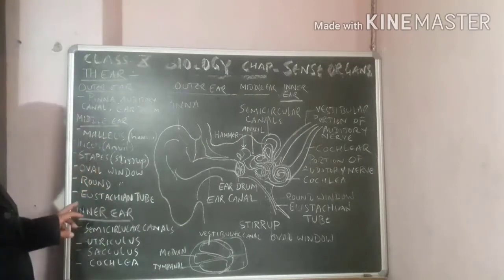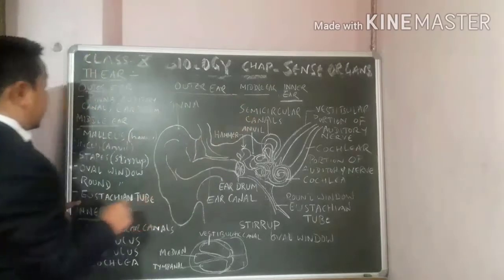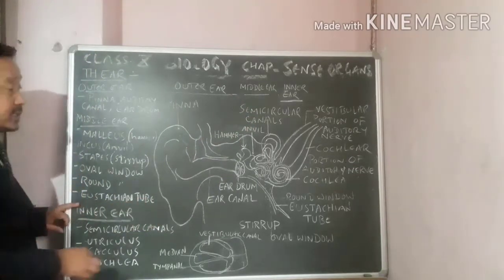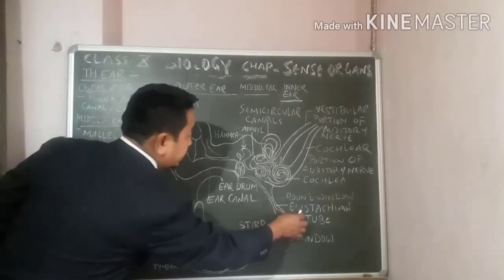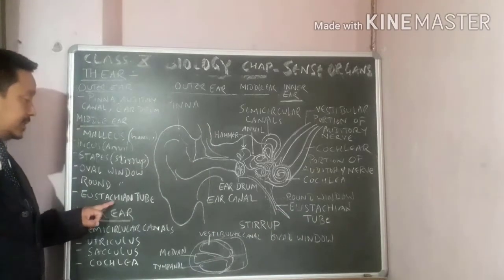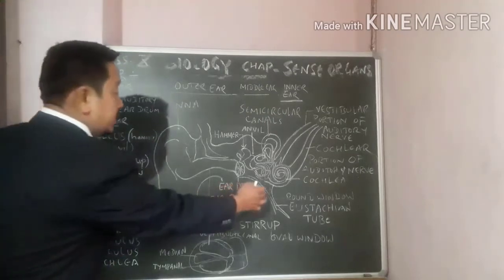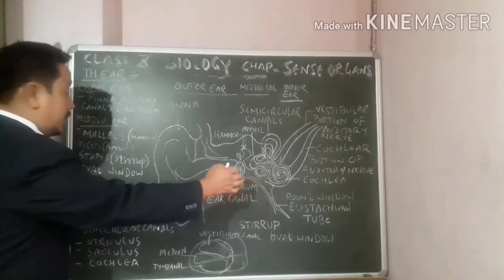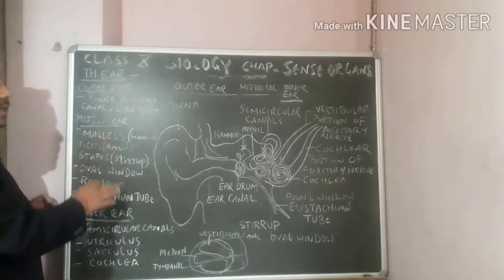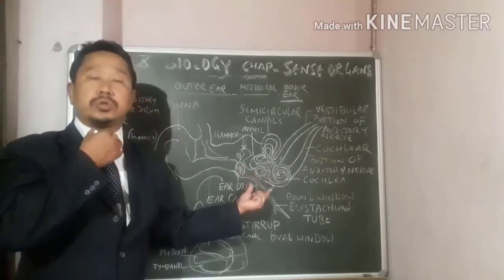Then another part that you find in the middle ear is the Eustachian tube here, this tube, Eustachian tube, E-U-S-T-A-C-H-I-A-N. So you find another part of your middle ear which connects the middle ear with the throat here.